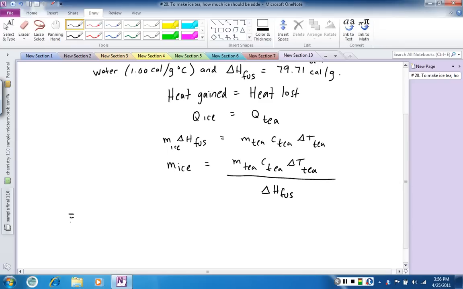So if we solve for this, our mass of T is 2.72 kilograms. That should set off a bell in your head saying we don't want to be in kilograms.